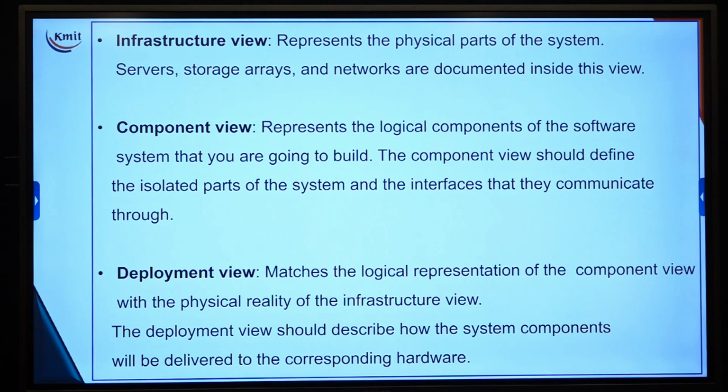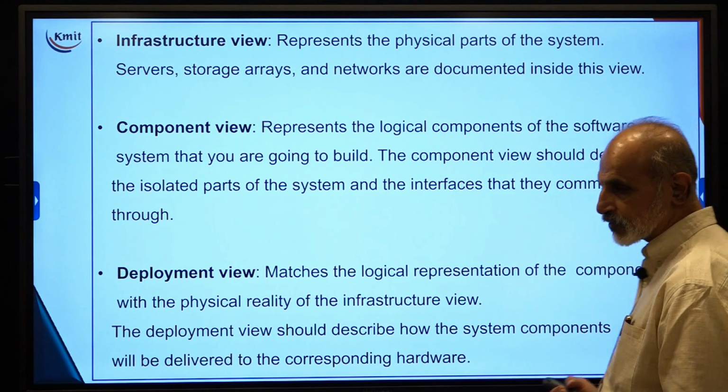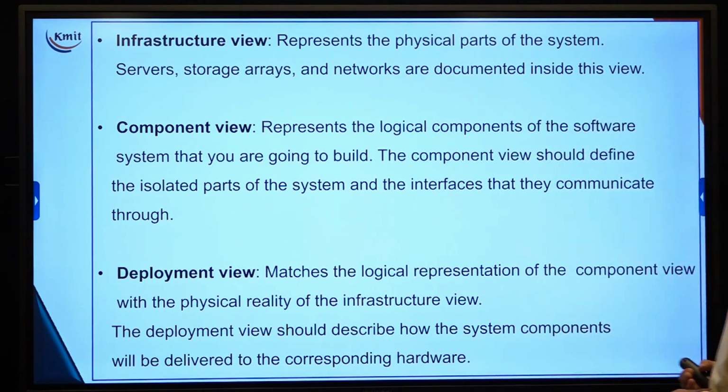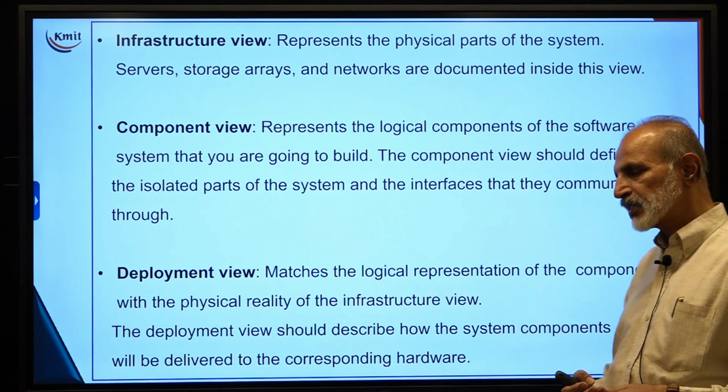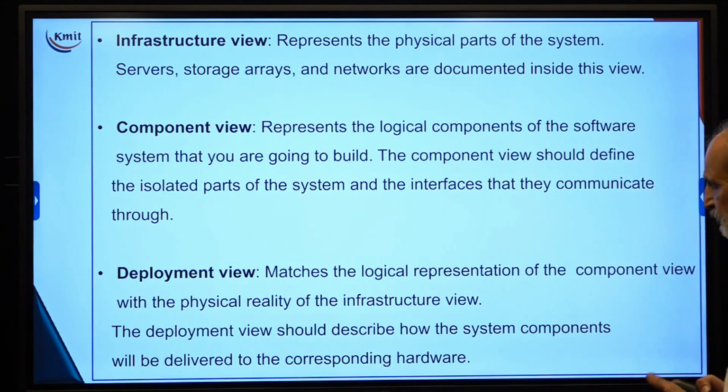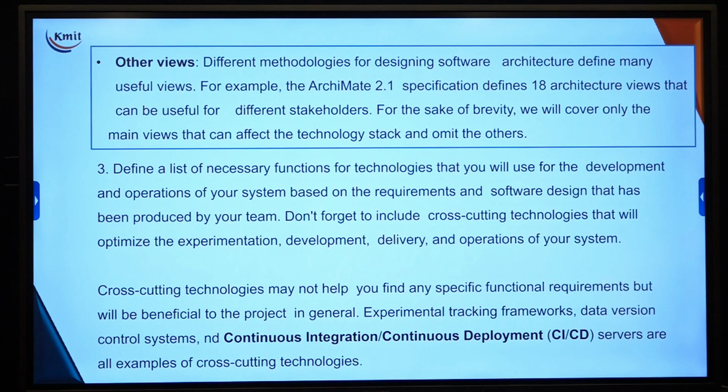The component view represents the logical components of the software that you are going to build. The component view should define the isolated parts of the system and the interfaces that communicate with the outside world. Then finally, the deployment view matches the logical representation of the component view with the physical reality of the infrastructure. So deployment combines the previous two, and the deployment view should describe how the system components will be delivered to the corresponding hardware.